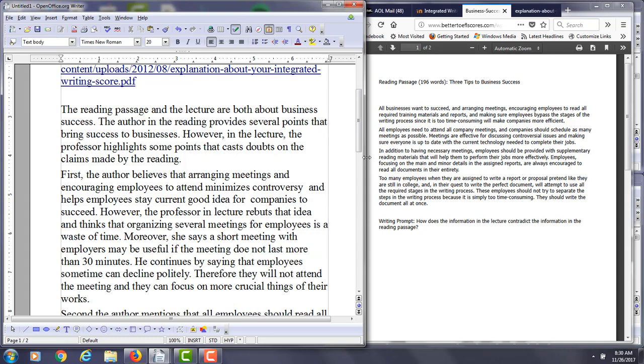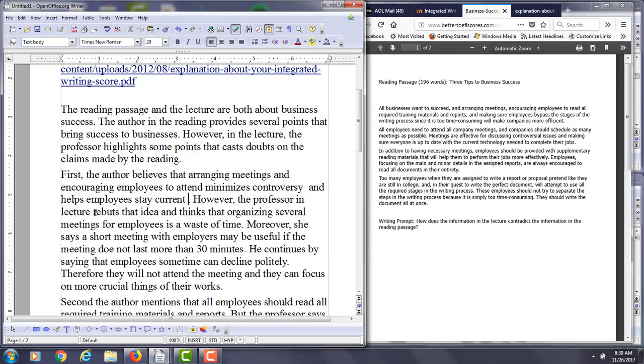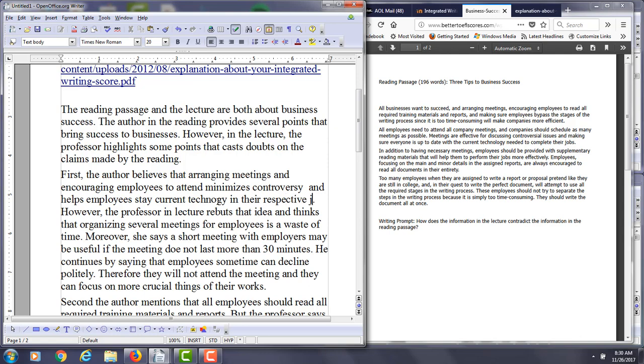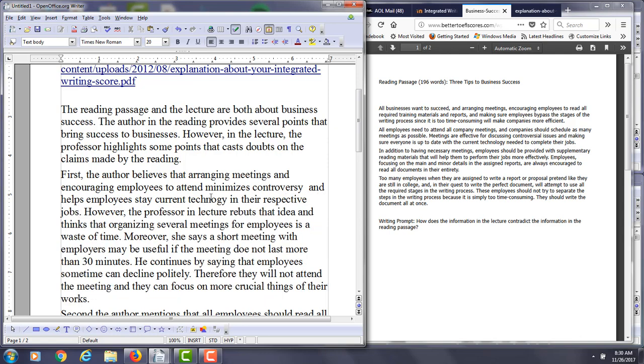Notice how I'm saying current instead of up to date. So I added a little bit to the reading to make it a little bit more complete there, right?